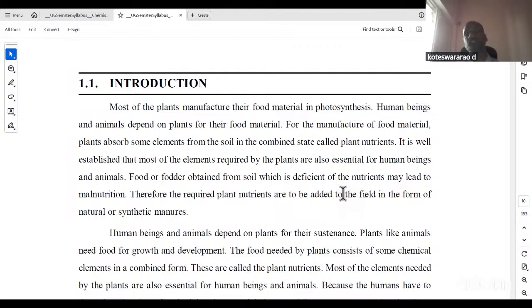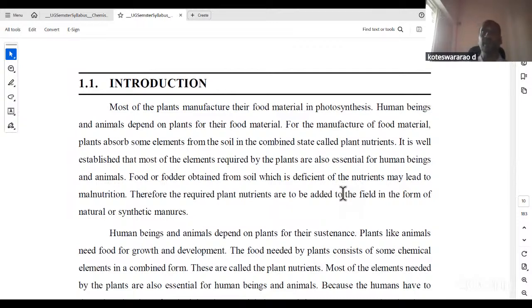By using this food, they can sustain, grow, ripen, and give fruits to human beings and animals. Therefore, plants can not only self-sustain, they can also sustain the living beings on the earth by providing food.